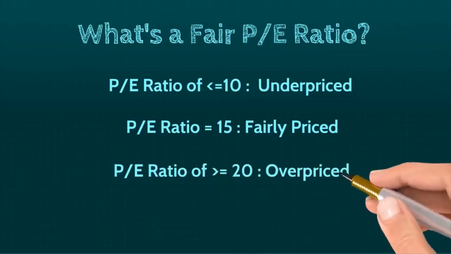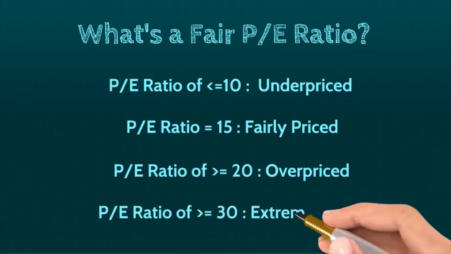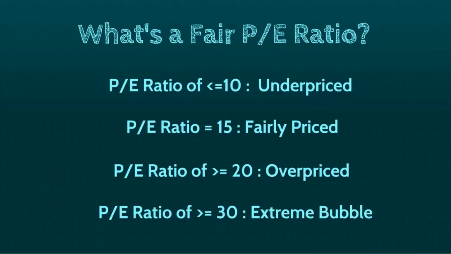However, when you start getting to PE ratios of 20 or more, that starts falling into the overpriced range, and a value investor would not typically buy these kinds of stocks. And last but not least, a PE ratio of greater than 30 indicates an extreme bubble, and it would probably not be a good idea to invest in that type of stock.